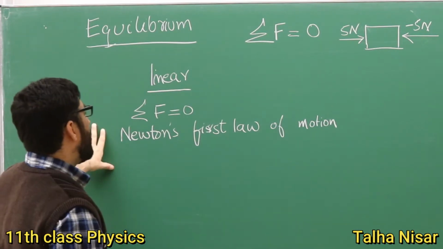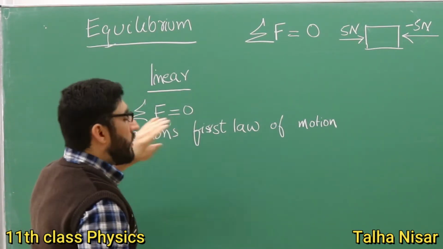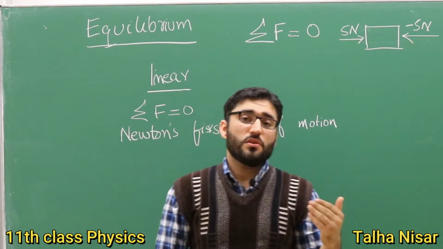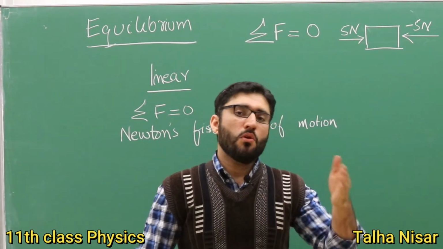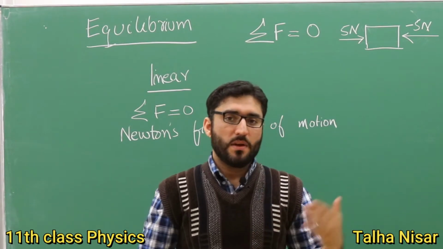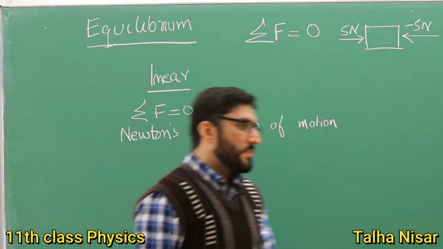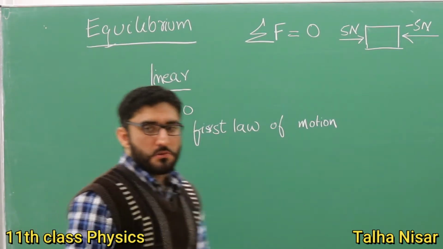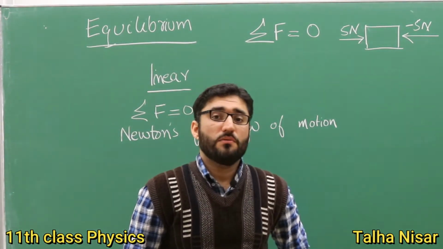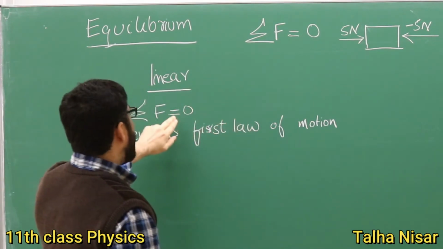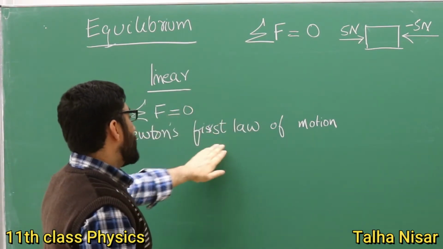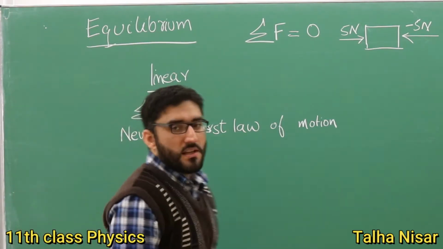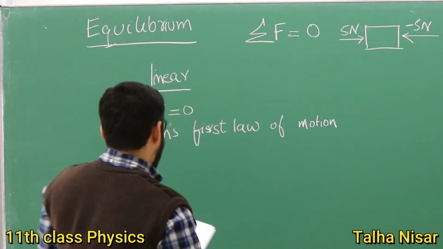Newton's first law of motion states that when there is no external force on an object, if it's in the state of rest, it will always remain in the state of rest. If it's moving with a uniform speed, it will always be moving with the uniform speed unless there is an external force acting on it. So the net force on an object is 0. This is Newton's first law.